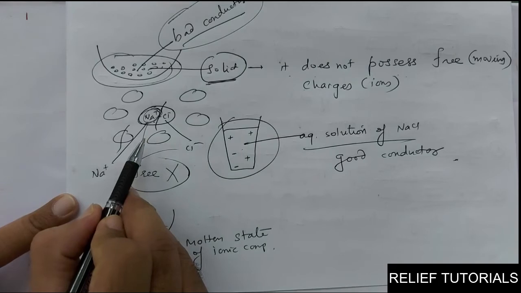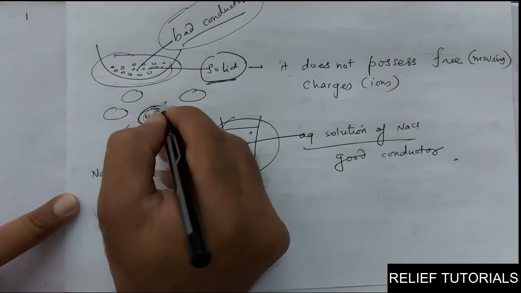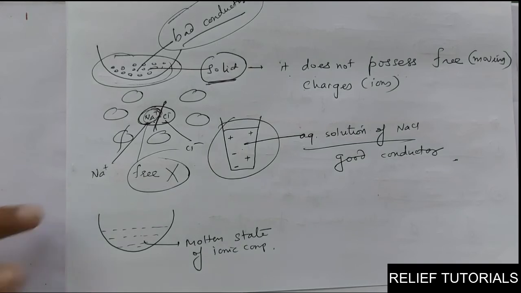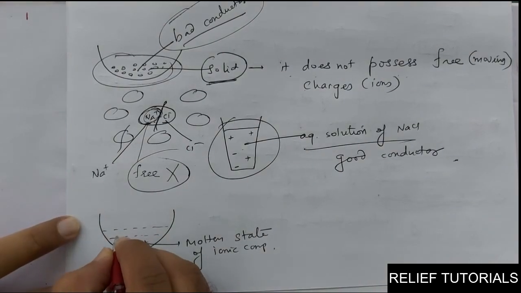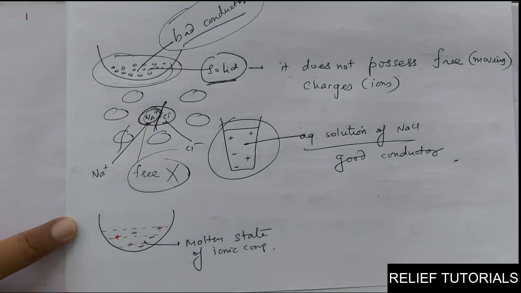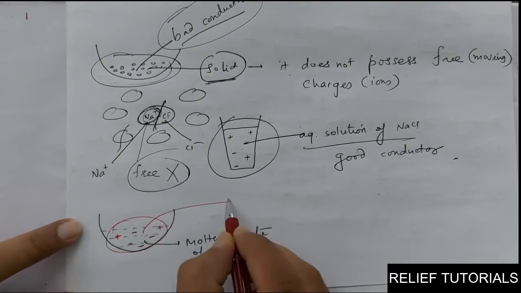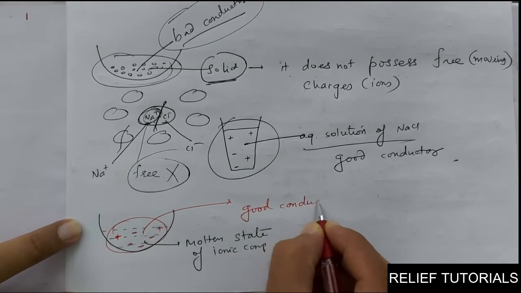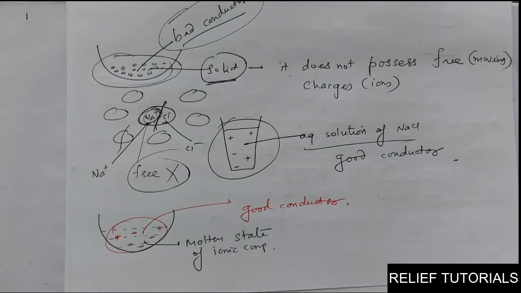When you supply extraordinary heat, the bond between Na plus and Cl minus is going to break. Some molecules, not all, are broken and form Na plus and Cl minus ions separately. Once the ions get separated, they are free to move. So again, it is also a good conductor of electricity.